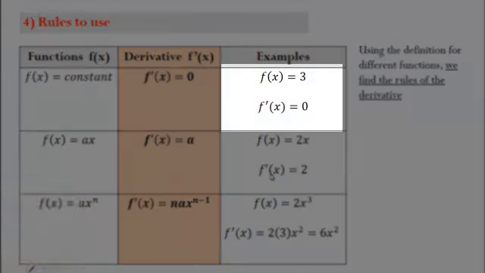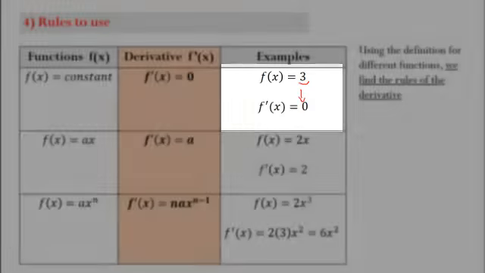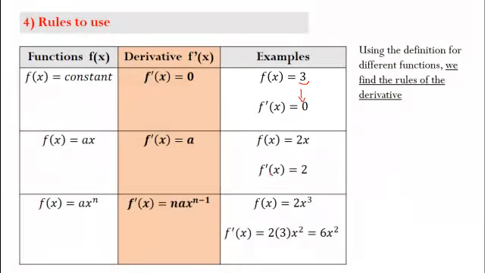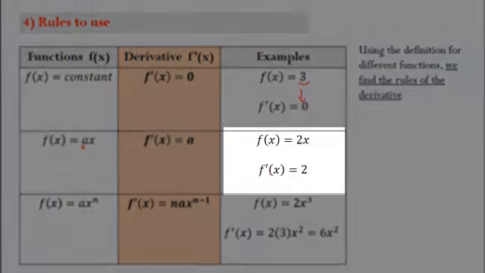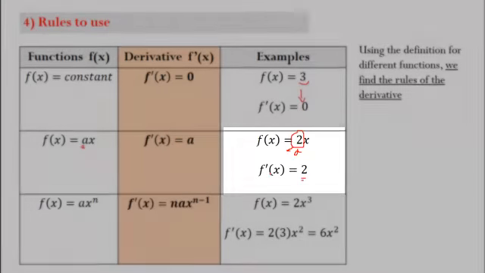We take as example f(x) equal to 3, so this is a constant, then its derivative will be equal to 0. If f(x) is equal to ax, where a is a constant, then f prime of x equals a. Example, f(x) equal to 2x, so this is a, then f prime of x equals a, equal to 2.